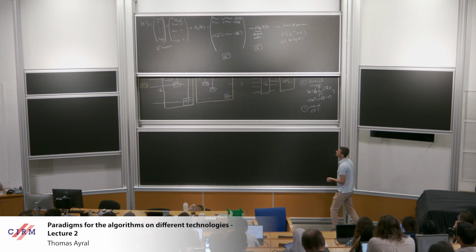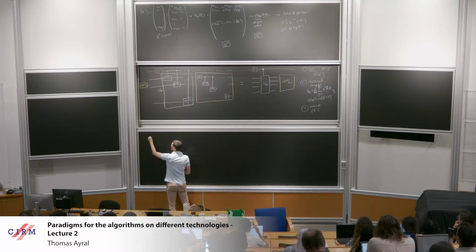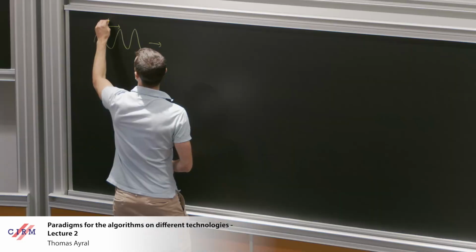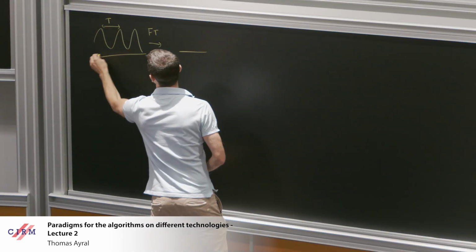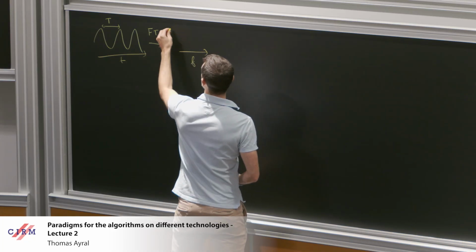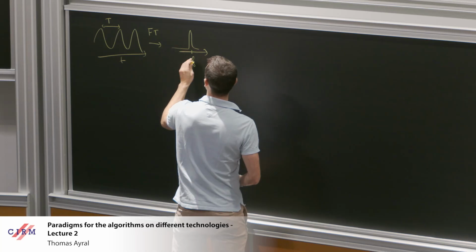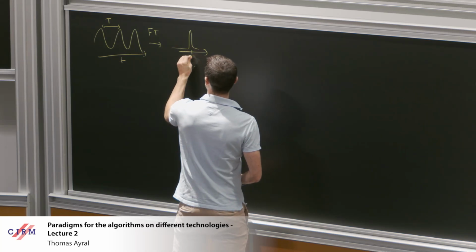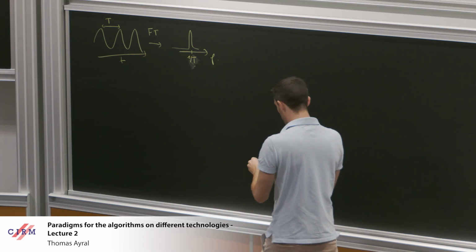So you know that if you input a periodic signal with a period t to a Fourier transform, then if this is, for instance, time and this is frequency, what you expect to see is a signal which is going to be peaked at 1 over t in frequency. So this is what you expect to see when you do a Fourier transform.